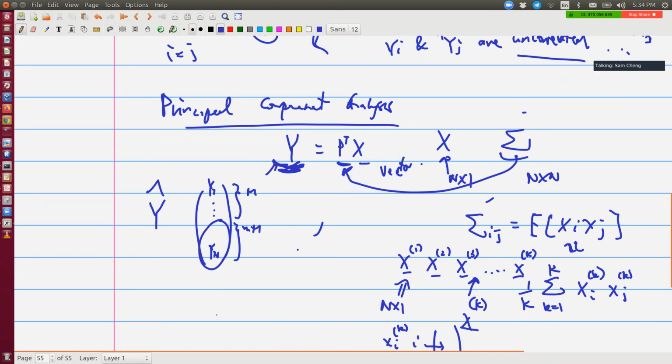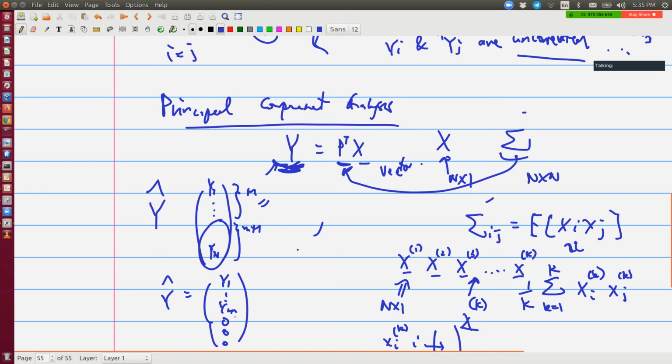So y hat is equal to y1 up to ym, and then 0 all the way.